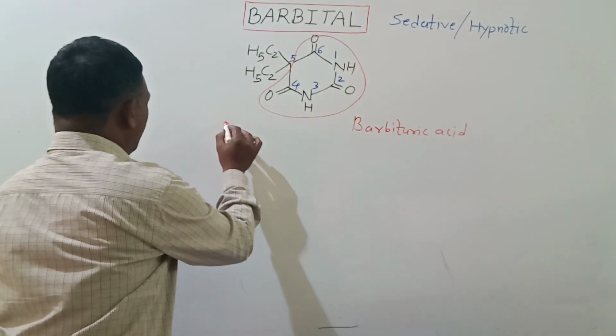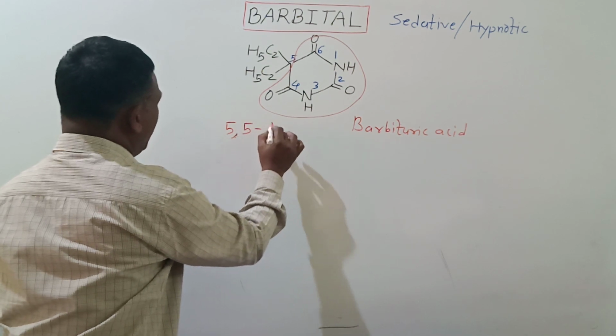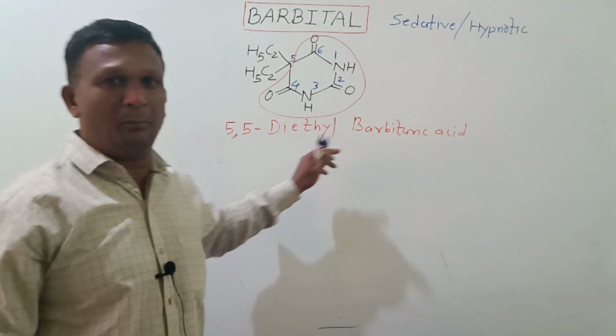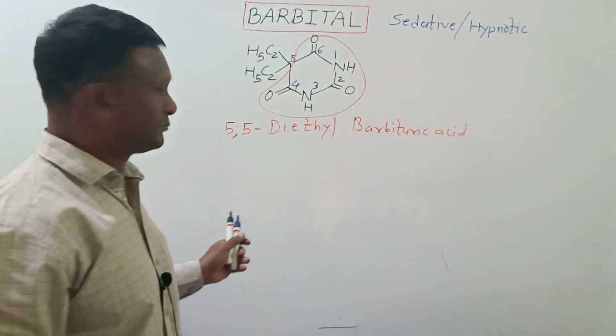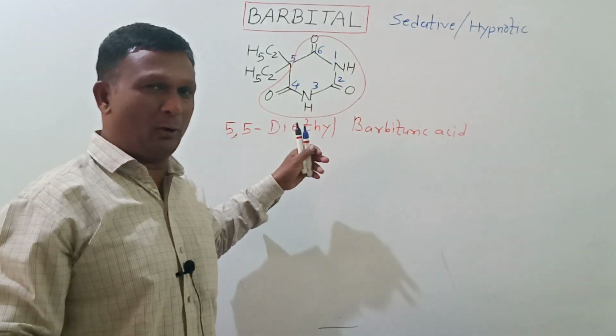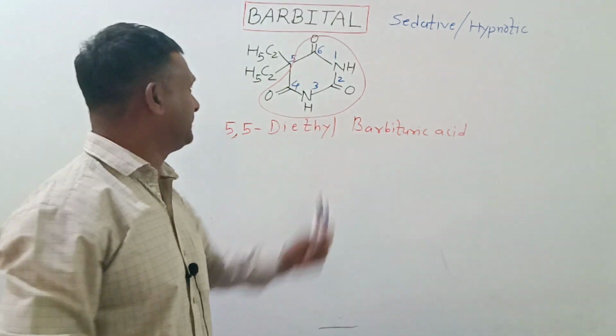So the name of this molecule will be 5,5-diethyl barbituric acid. So this is simply considered as the 5,5-diethyl derivative of barbituric acid.